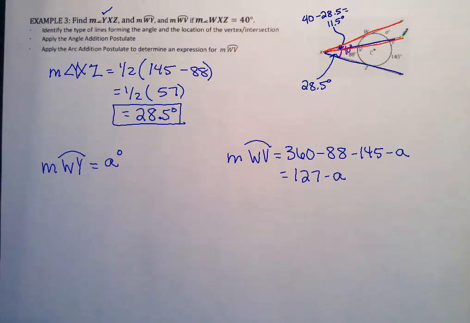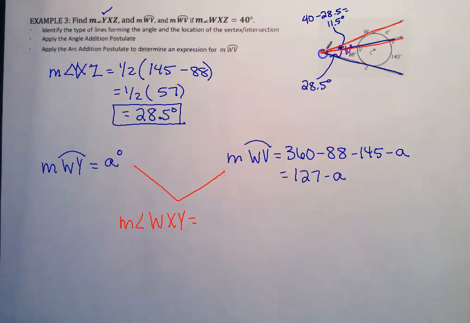To get these two things together, Lucas is saying, well, hey, they share this angle. Okay, so the measure of angle WXY would have to equal, what's the formula for this angle? It's a secant and a tangent.